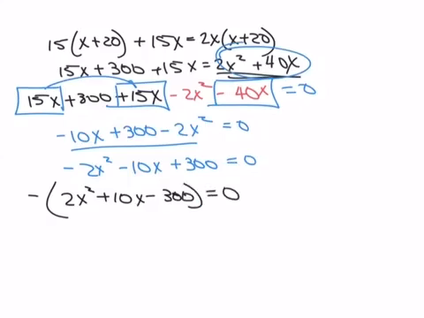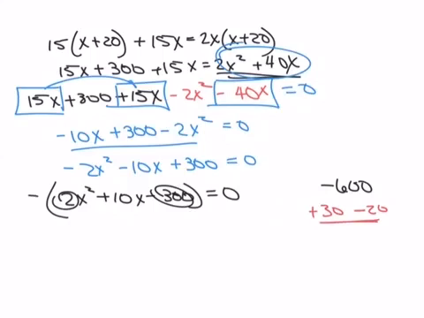So in order to do this, I have to multiply the 2 times the negative 300 and find two numbers that multiplied together give me negative 600, added give me 10. The one that comes off the top of my head is 30 times 20 is 600. The difference between those is 10. So if this is a positive 30 and a negative 20, 30 minus 20 is a positive 10.